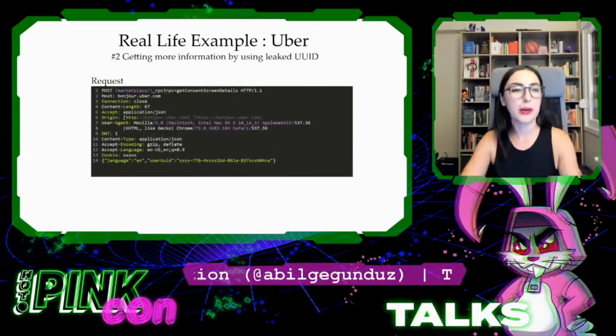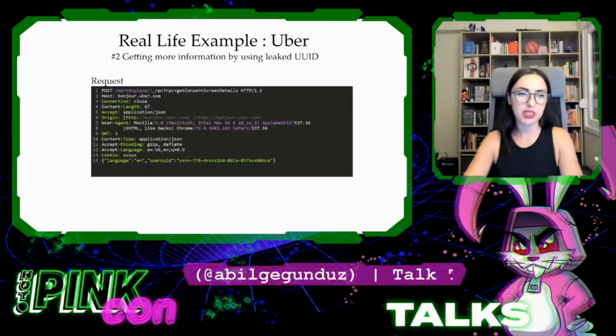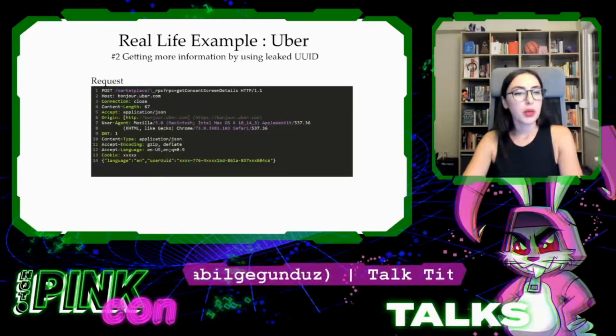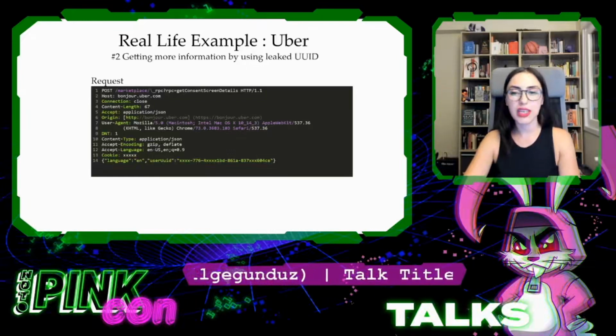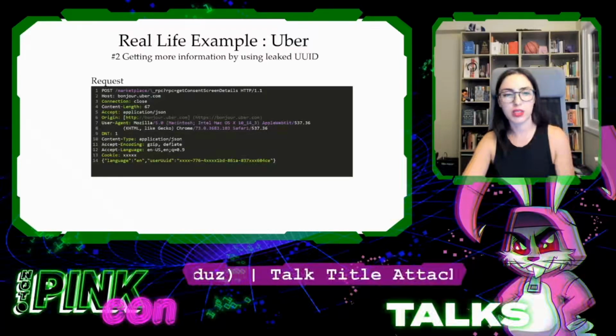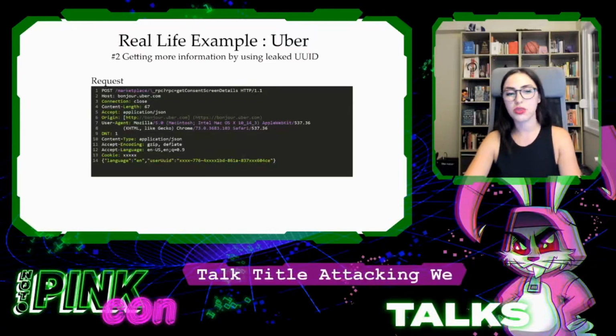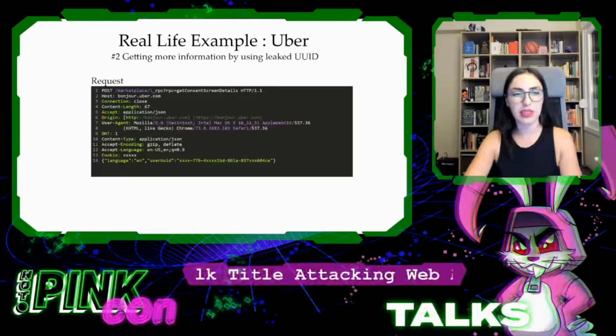And since we have leaked UUID information, we can replay the below requests with the victim's UUID in Uber. As you can see in the 14th line, it asks for user UUID as a parameter in here, and the host is bonjouruber.com.